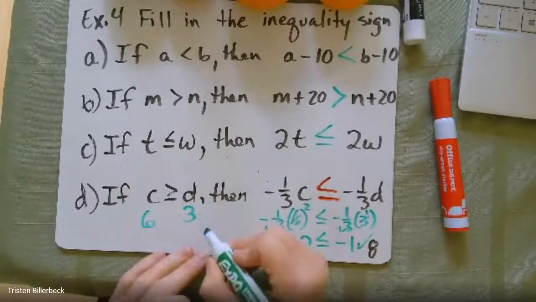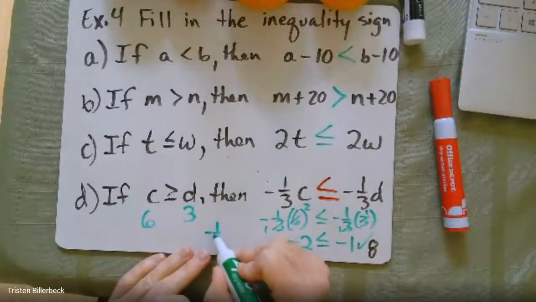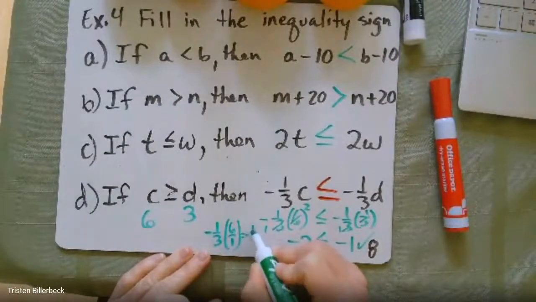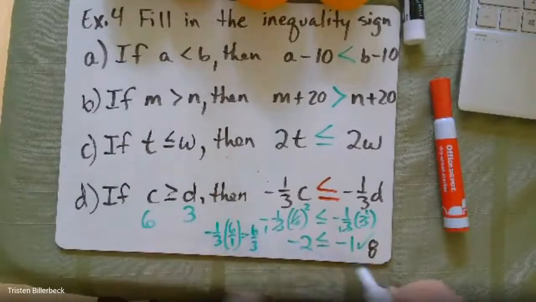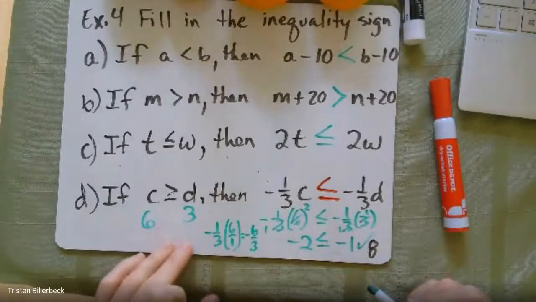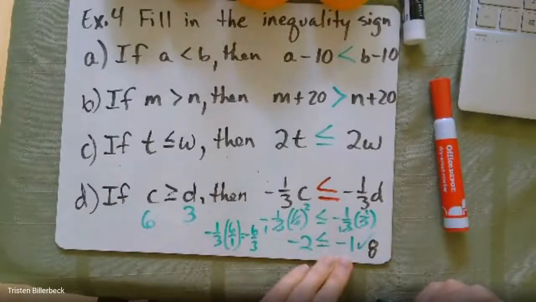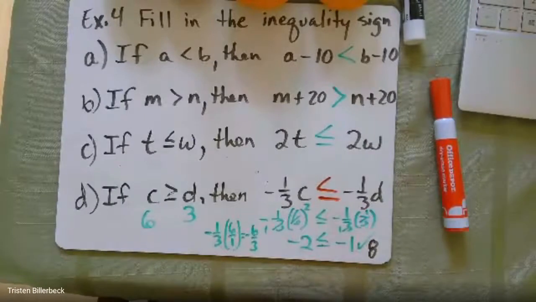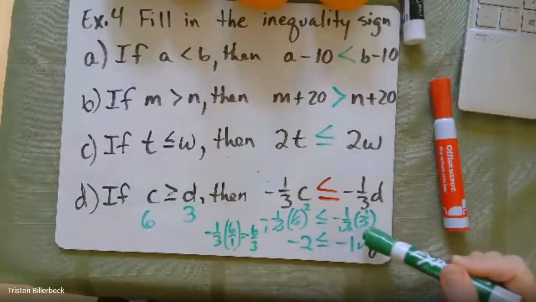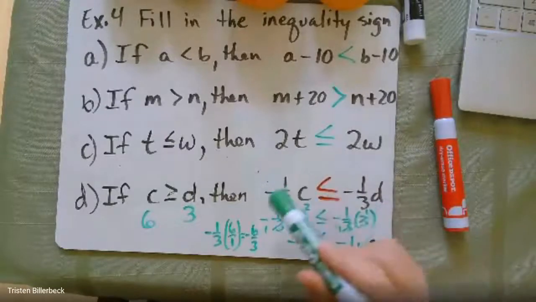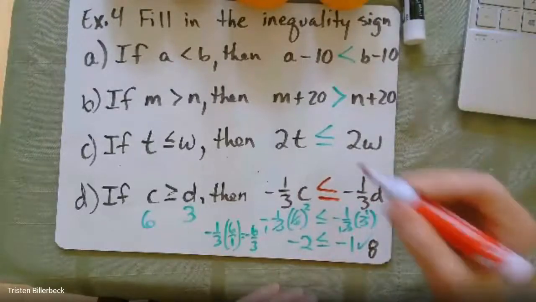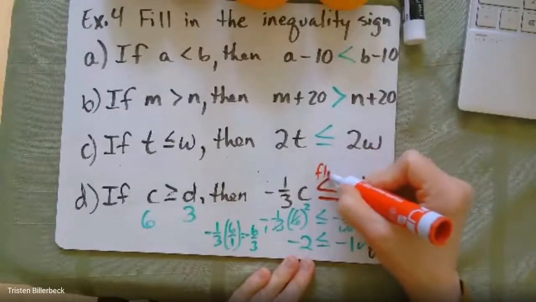Just in case you didn't catch that, negative 1/3 times 6 over 1 is negative 6 over 3. So that's how I got the negative 2. And then negative 1/3 times 3 over 1 is just negative 1. So negative 2 is less than or equal to negative 1. When we multiply or divide by that negative, we flip the sign.